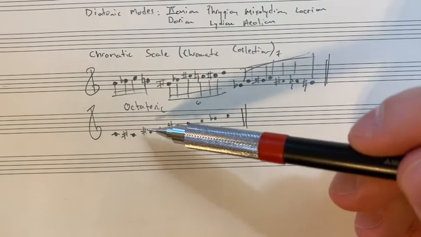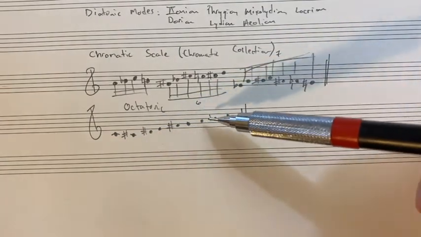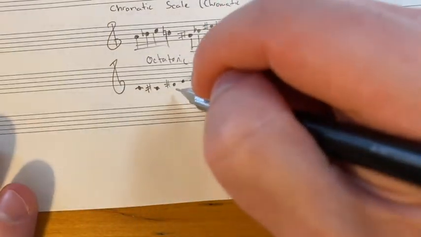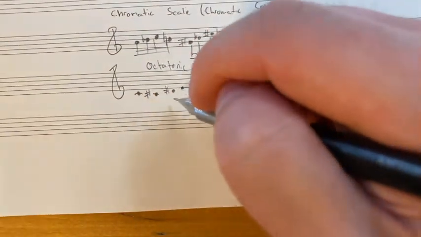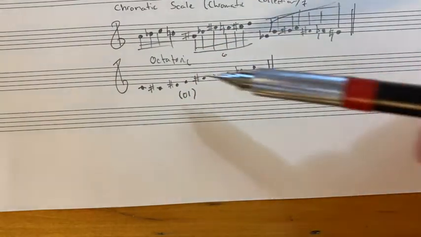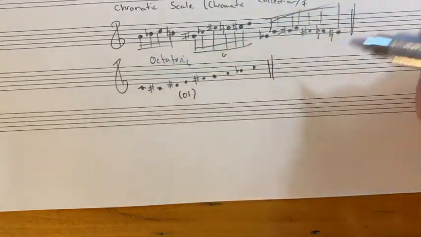Half step, whole step, half step, whole step, half step, whole step, half step, whole step. Alternating half and whole steps. And this one you can actually refer to by a set theory name. You can call it the 0-1 octatonic, to say it's the octatonic scale that includes C and C sharp.